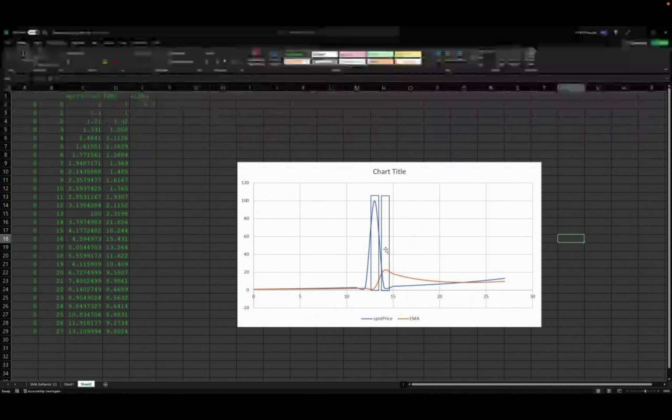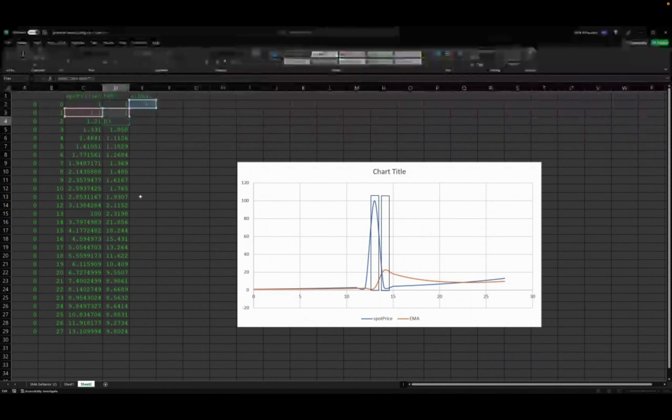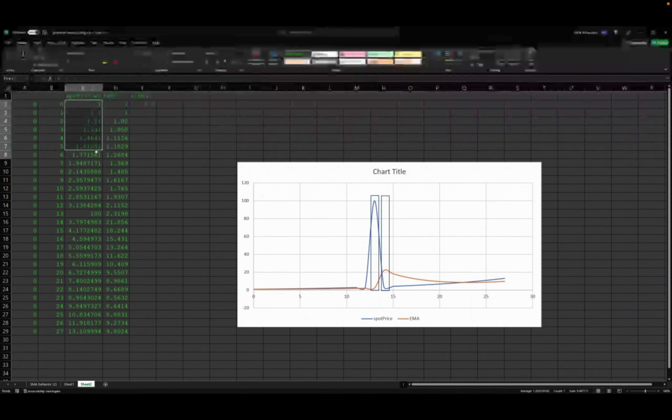What I also want to point out is that the EMA that we're using here, notice that it has no time component. It's only looking at the change in the spot prices and its alpha value. This is also really important. On Ethereum, it's not necessarily such a big problem because the clock on Ethereum is pretty reliable.